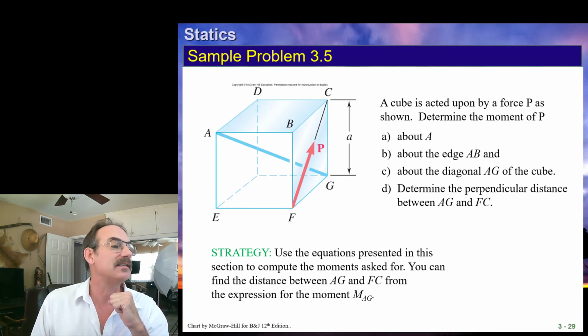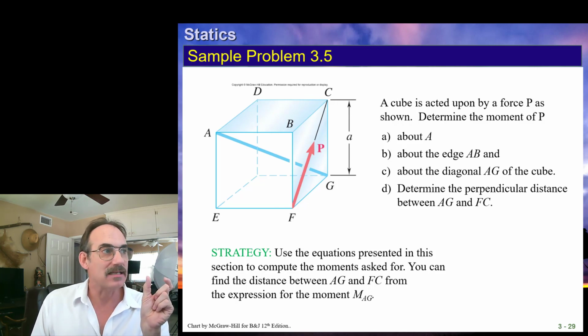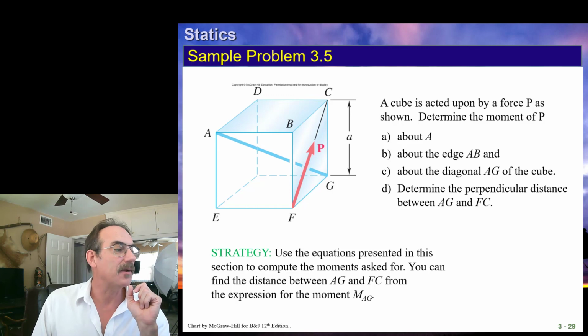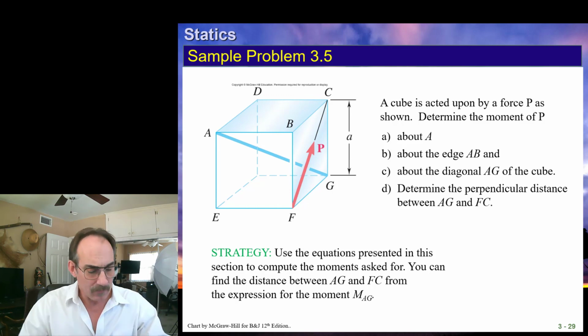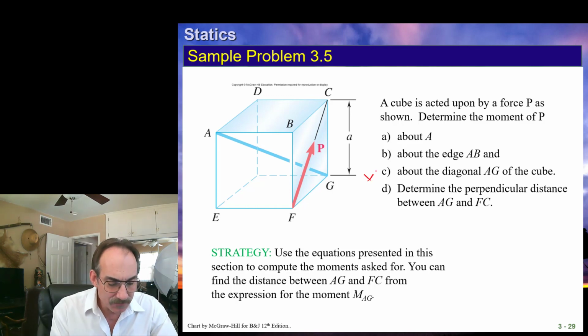Let's say this is x, this is y, and this is z. Then if we want the moment about A, we can use either this vector, AF, or this vector, AC. Let's use AF.